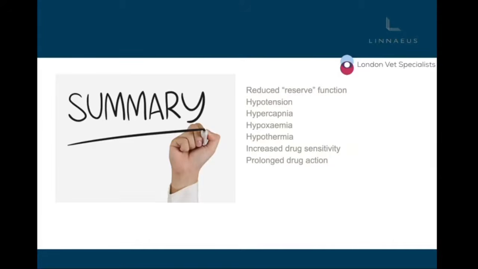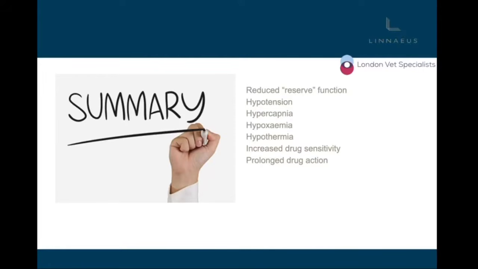So overall, I think the reason that the older animals are predisposed to these things is because they have a reduced reserve function. So all of the body systems that we have discussed just now perform their job, and when stressed, they have this little bit extra that they can rely on to keep the animal within a normal physiological position.